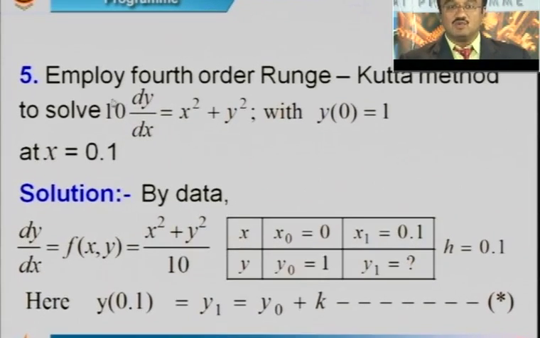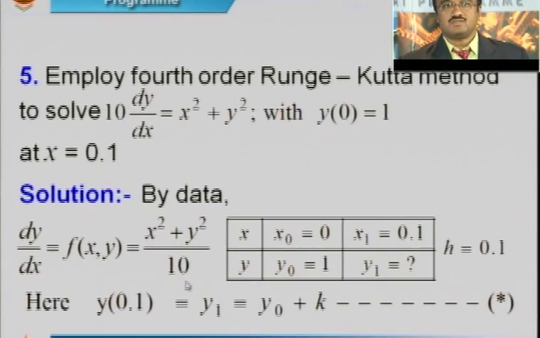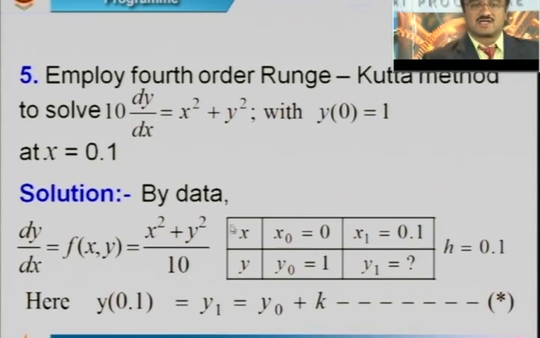Here the 10 should be sent to the right hand side, so you make the equation in this form. The function becomes x square plus y square all divided by 10.